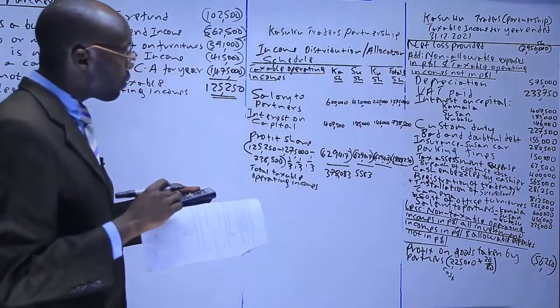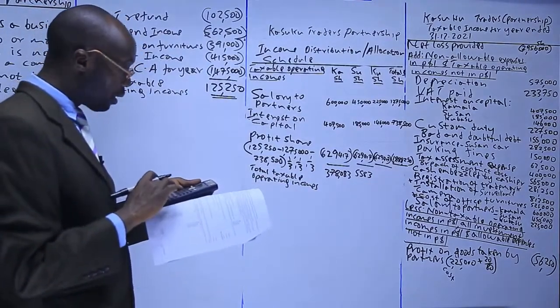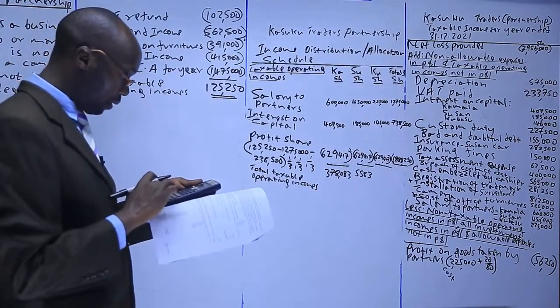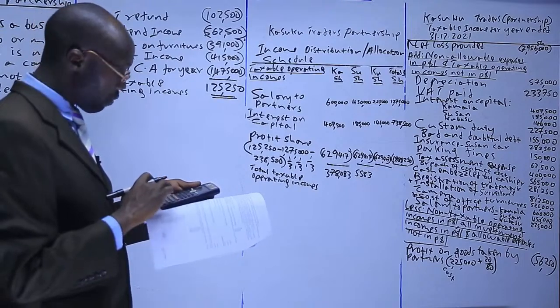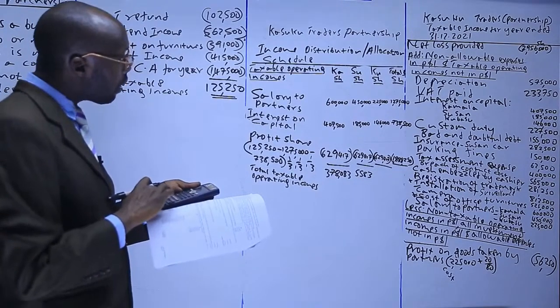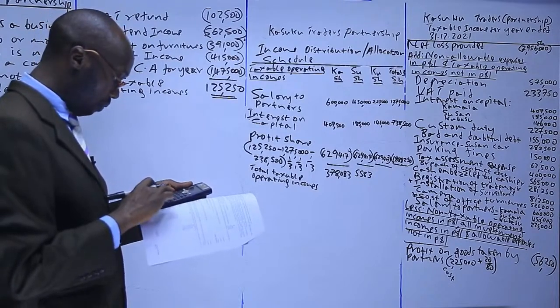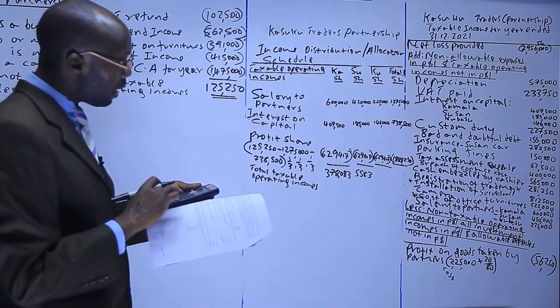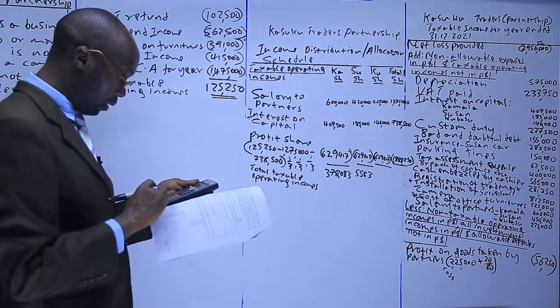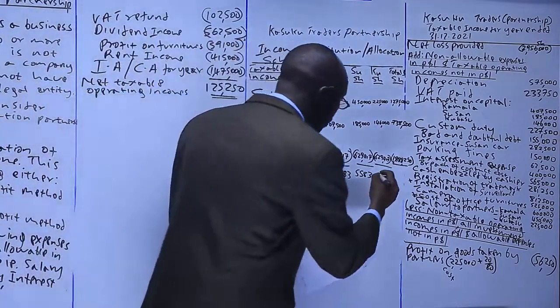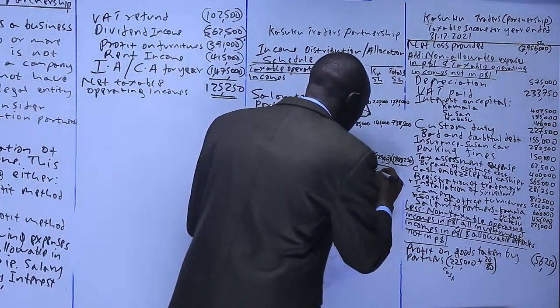Then for Kubasu, 225,000 plus 146,000 minus 629,417. This is a loss of 258, so negative 258,417.